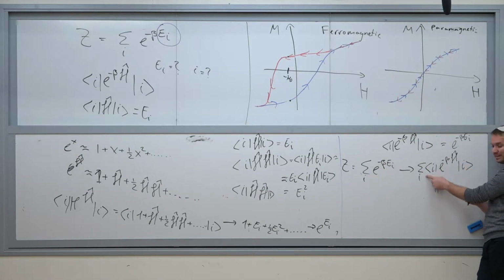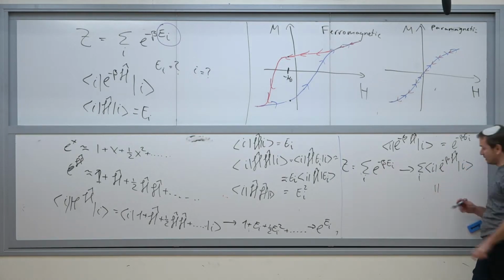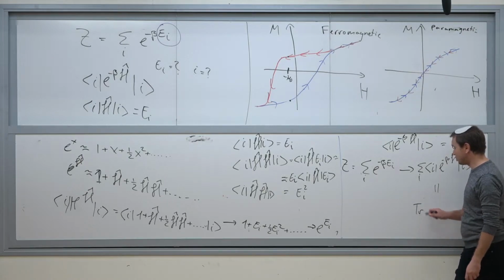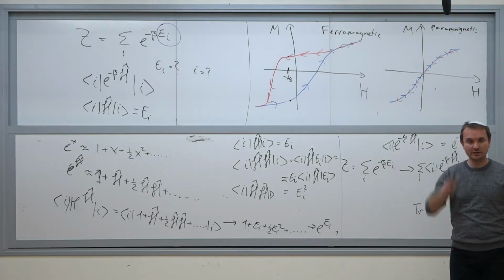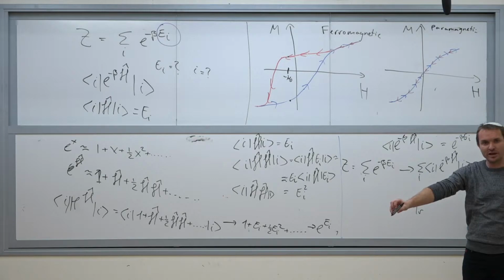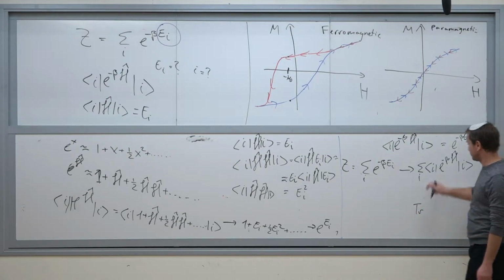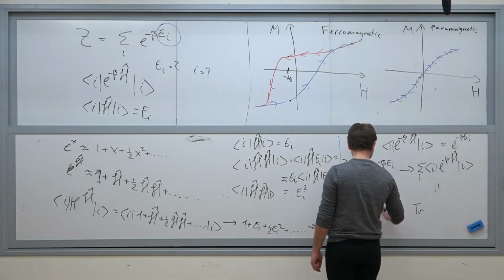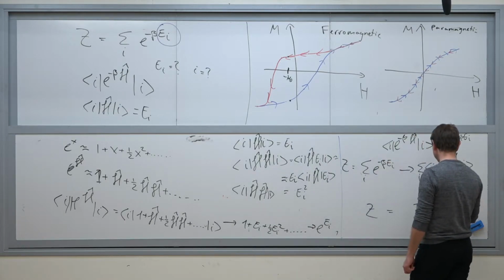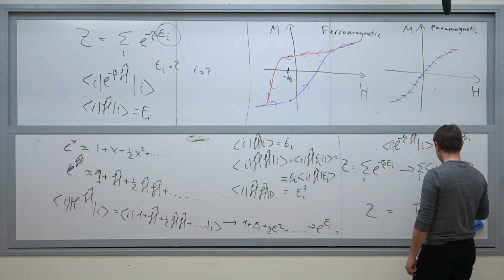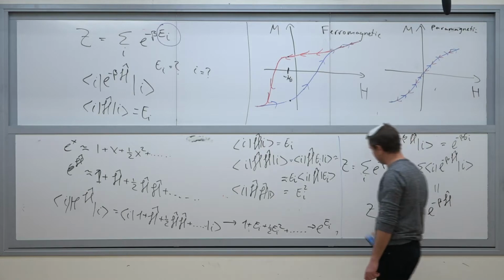This is not part of my sum. This is called the trace of an operator, like the trace of a matrix, the summation over the diagonal parts. So Z equals the trace of e to the minus beta Hamiltonian.